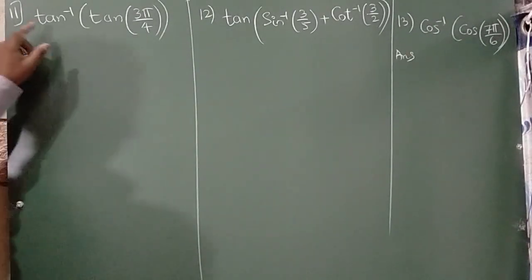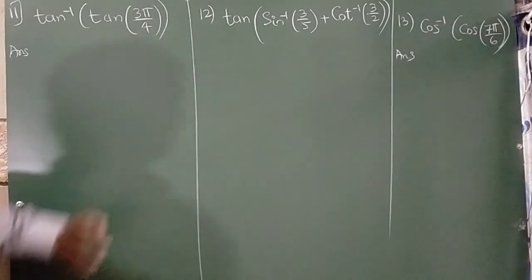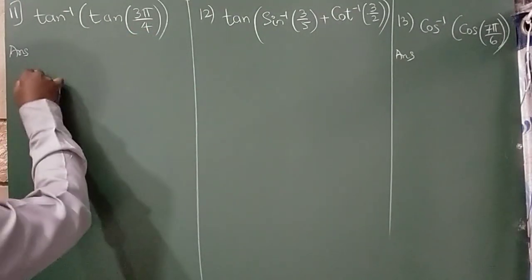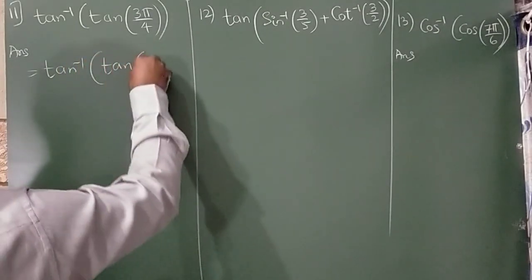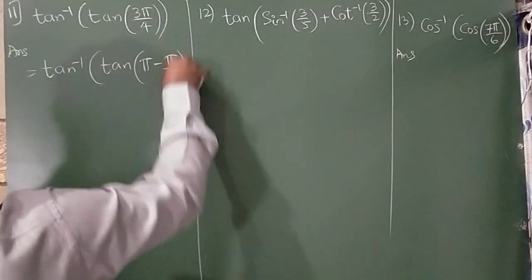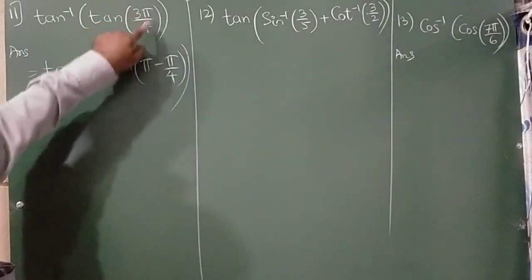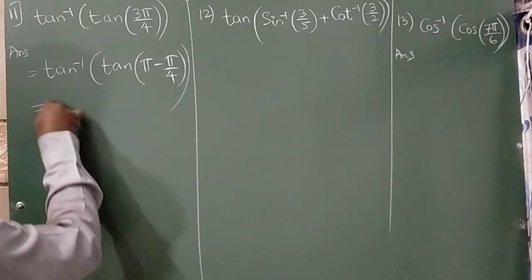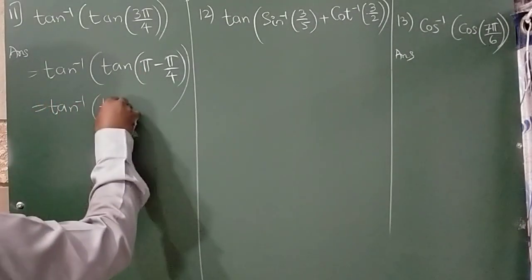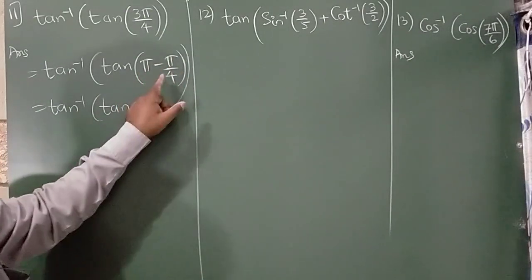11th question. Tan inverse of tan 3 pi by 4. Again it is out of the range. Okay. So you need to write pi minus pi by 4. If you take the LCM, you will get 3 pi by 4. Fine. Now tan inverse of tan (pi minus pi by 4) comes in the second quadrant.